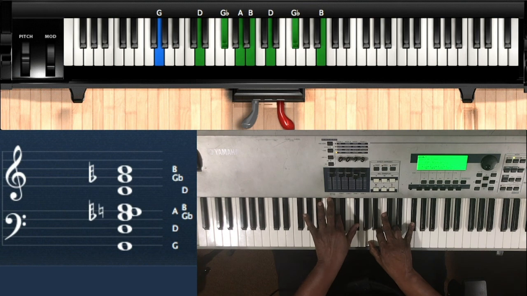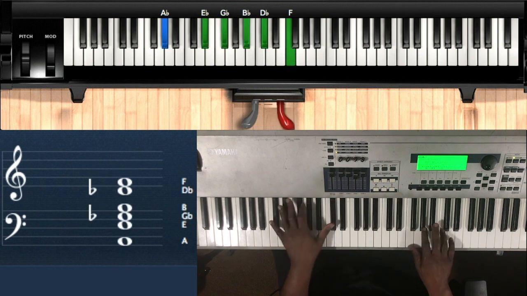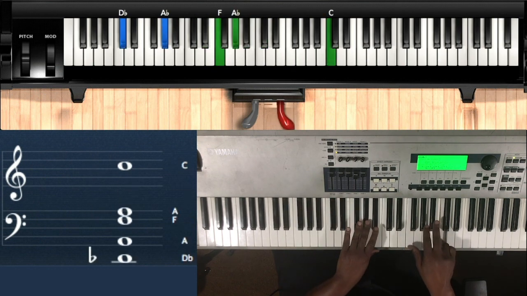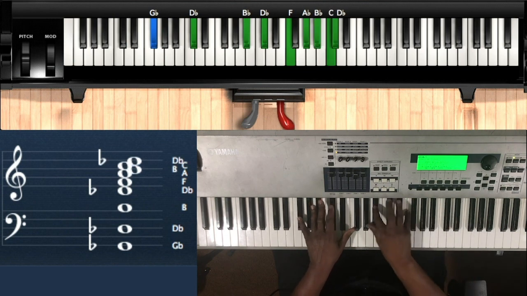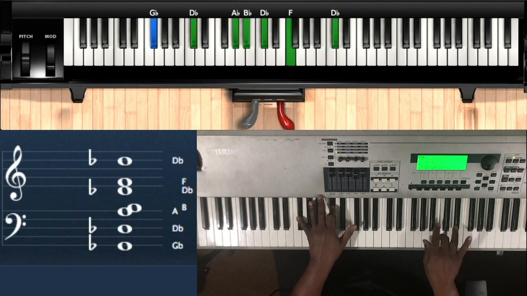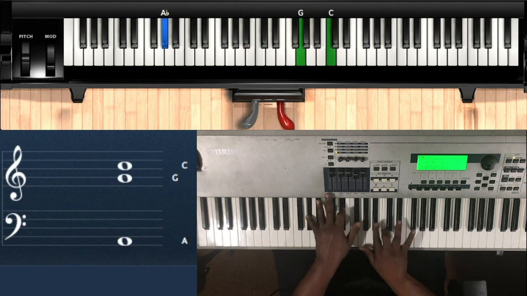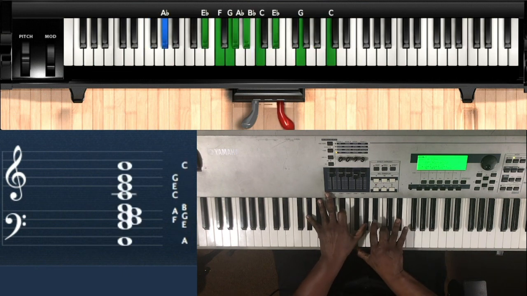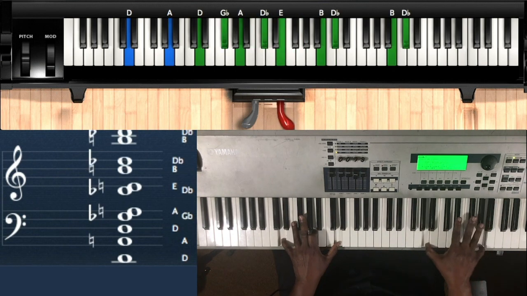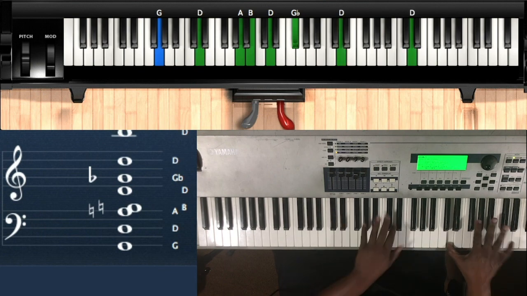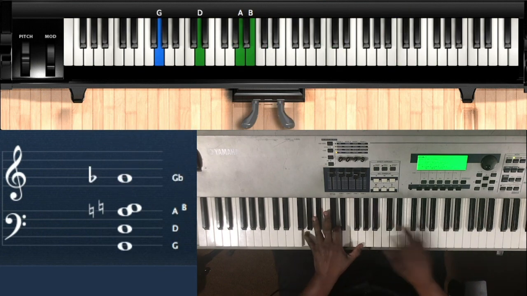I'm in C, but what if I want to go to, say, D flat? Oh, let's go to D. See?